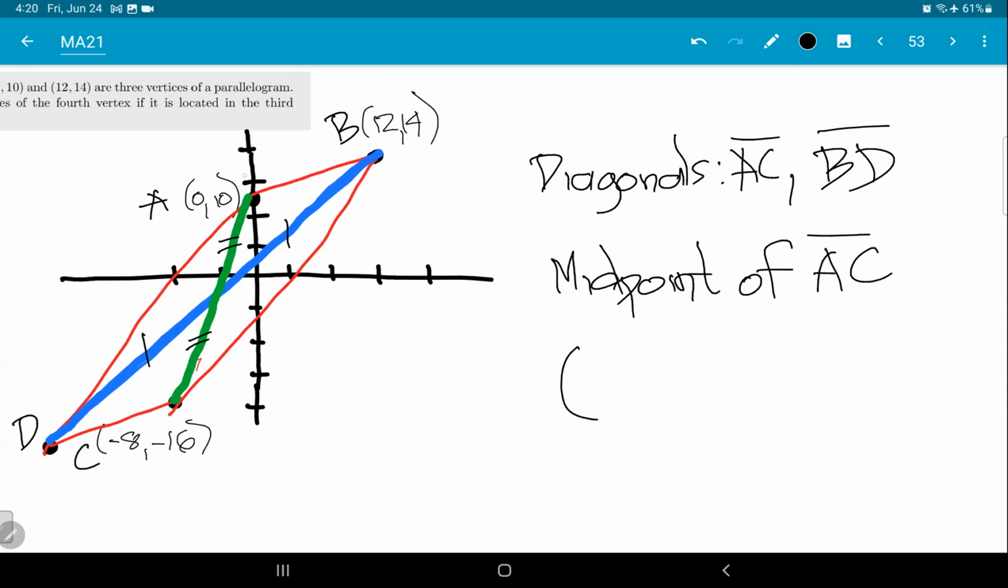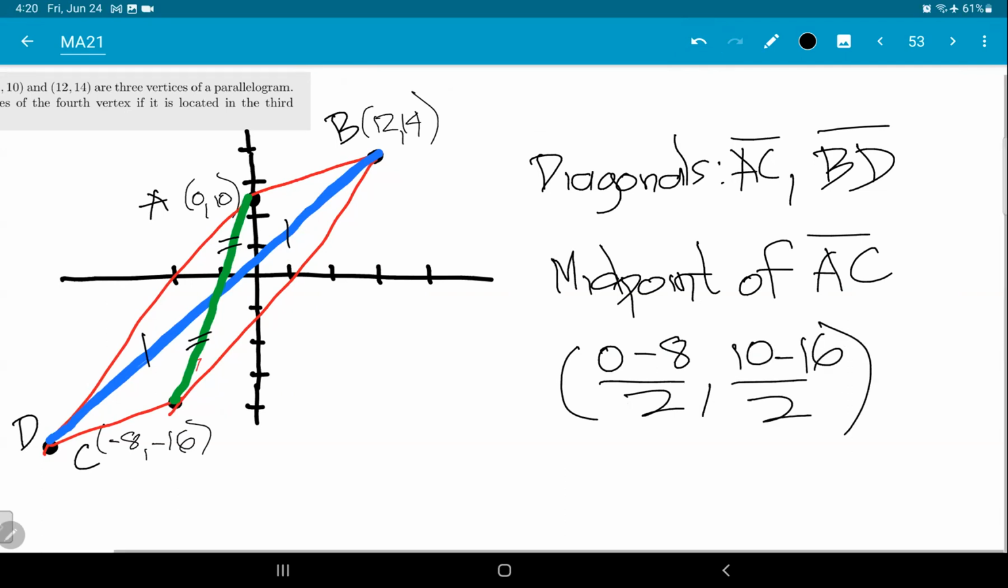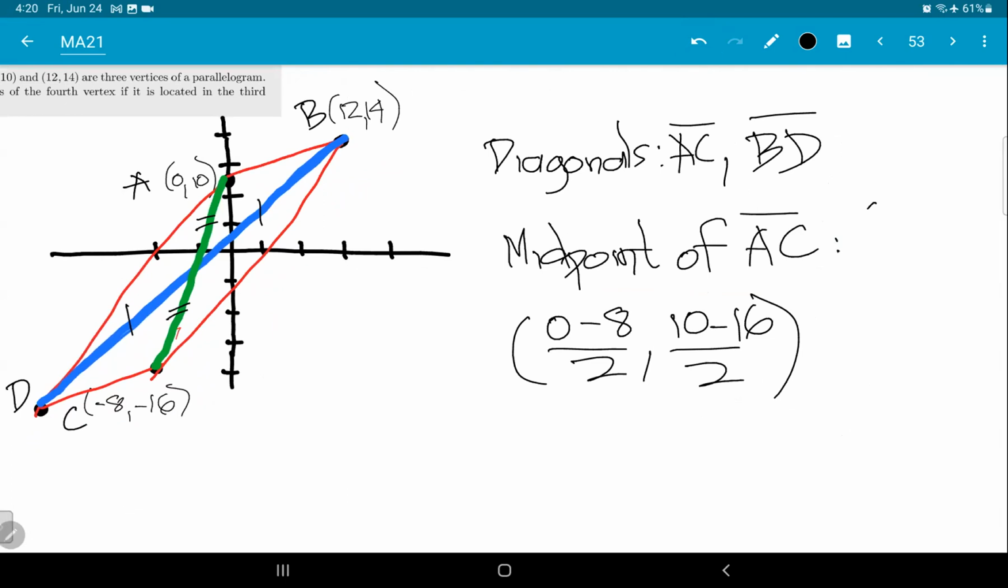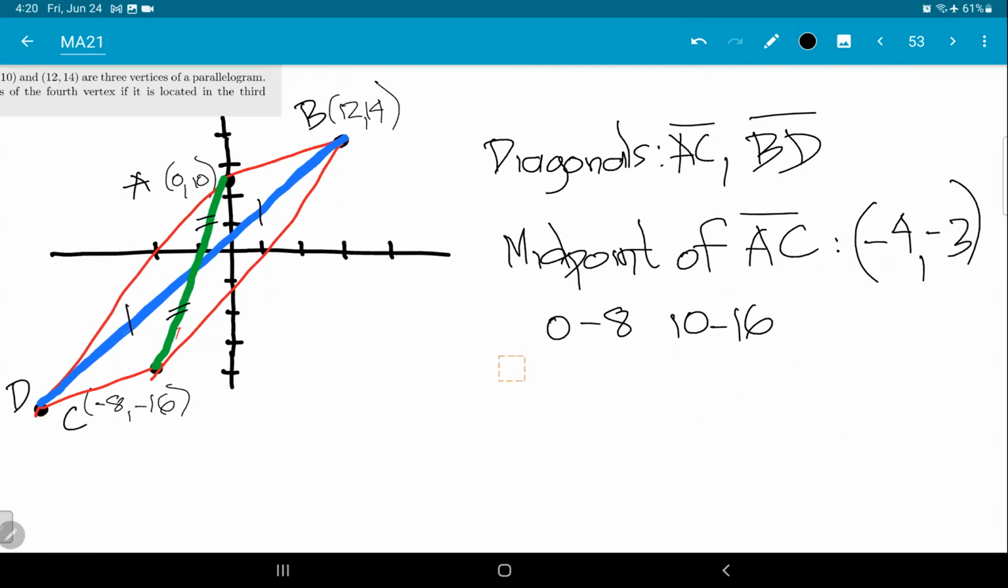So using the midpoint formula, 0, 10, negative 8, negative 16, 0 plus negative 8 over 2, 10 plus negative 16 over 2. So we get the midpoint of AC to be negative 4, negative 3.